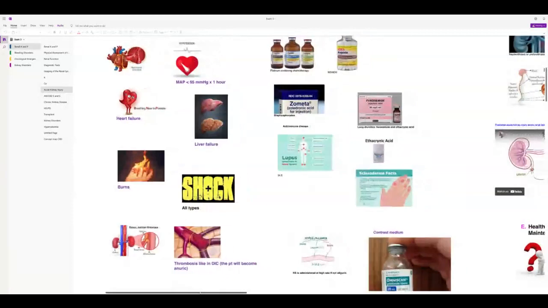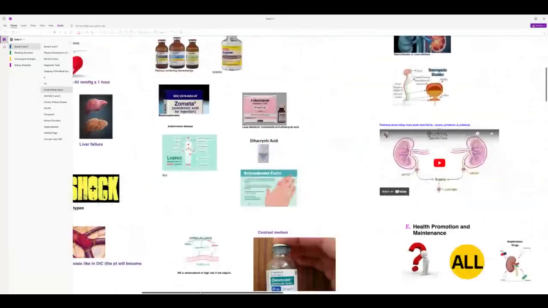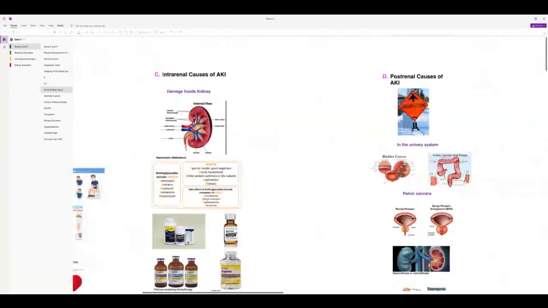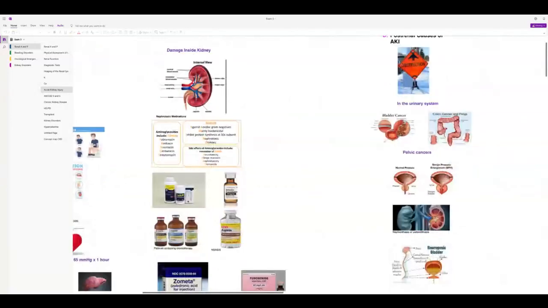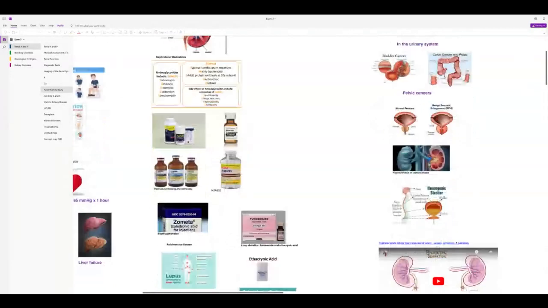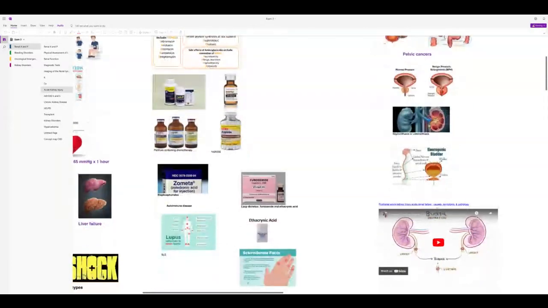The next type of injury is an intrarenal kidney injury, and this is damage inside the kidney. So remember your nephrotoxic medications like your aminoglycosides, furosemide, NSAIDs, cisplatin. Zoledronic acid is a bisphosphonate, and we use that to treat hypercalcemia and also osteoporosis, obviously, but it can also damage the kidneys.